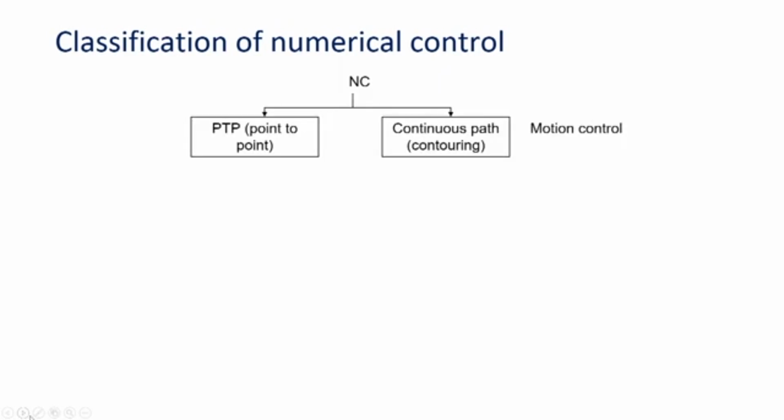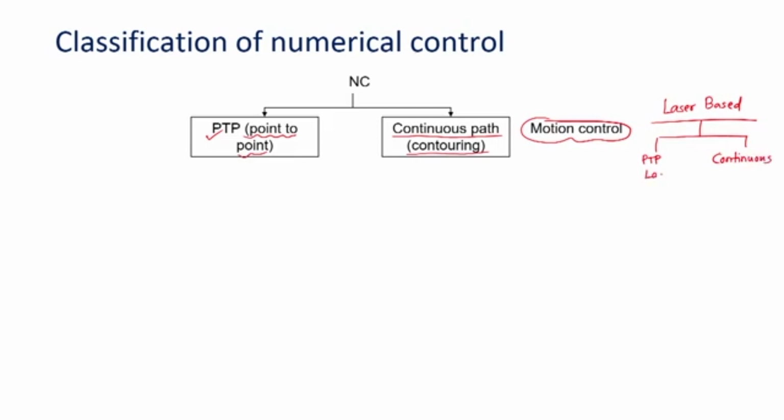The PTP is basically laser based drilling, and the continuous mode is for the material removal, deposition, joining, and the inspection as well. So, both the things are required as far as laser based manufacturing is concerned.